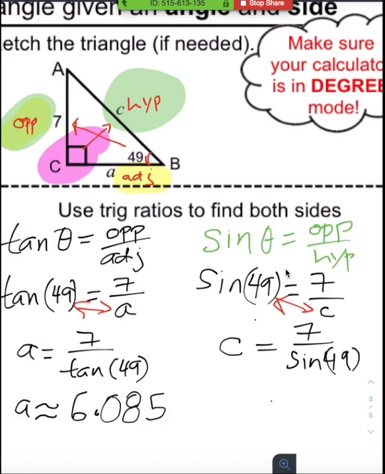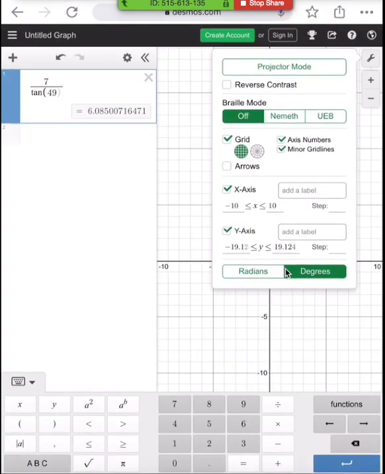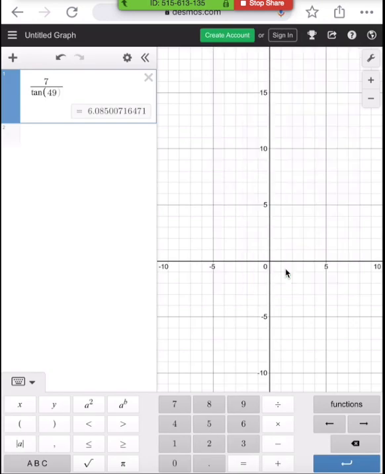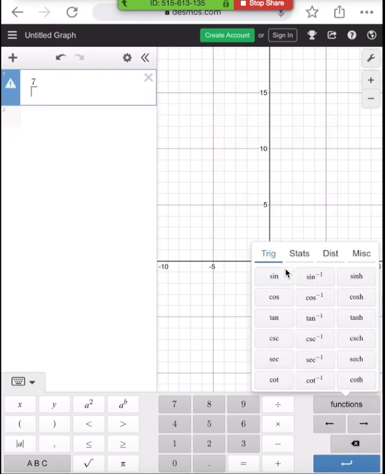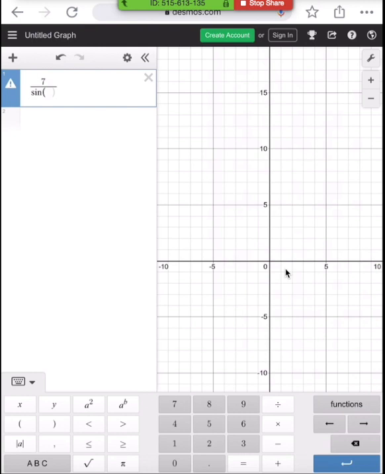And lastly, we just put this in the calculator. We're using sine of 49 this time, and we get 9.275.